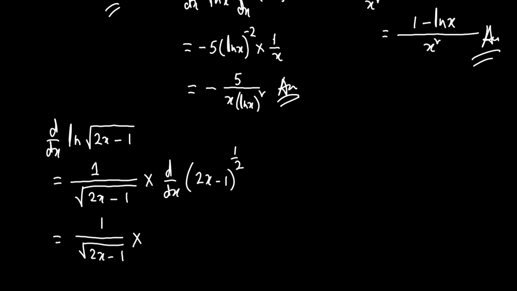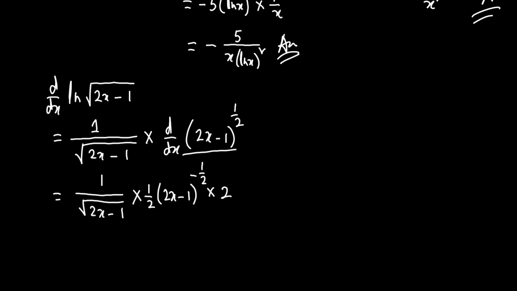and if we differentiate that part, it gives us half. From power we needed to subtract 1, it gives us minus half, and inside the bracket if we differentiate, we got another 2, because 2x minus 1 gives us 2. So we can cut out this 2.